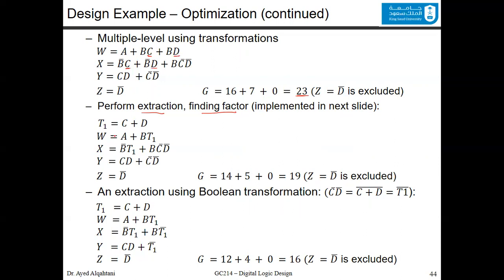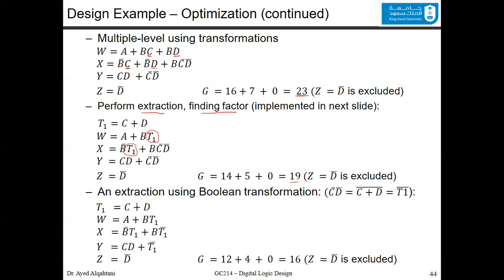So you inject the T, you define T1, and you replace it here and also here. And by doing this, you reduce the cost from 23 to 19. And we will check the number 19 in the next slide, as we'll see soon.